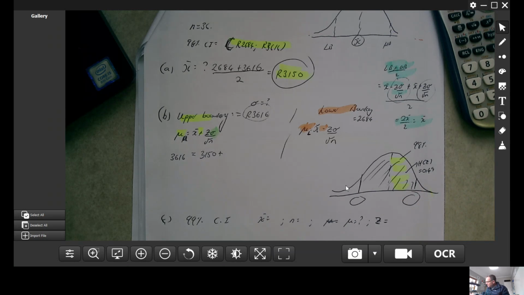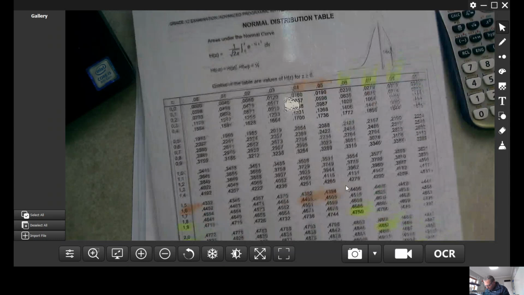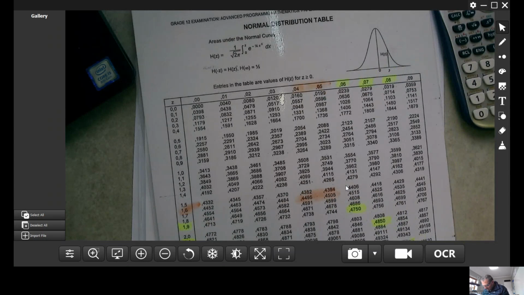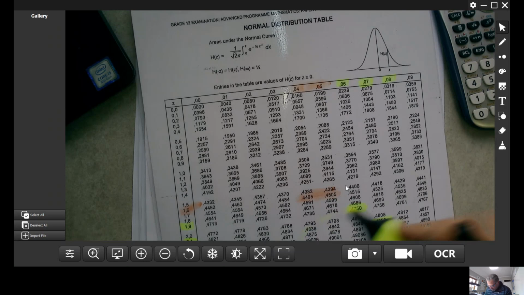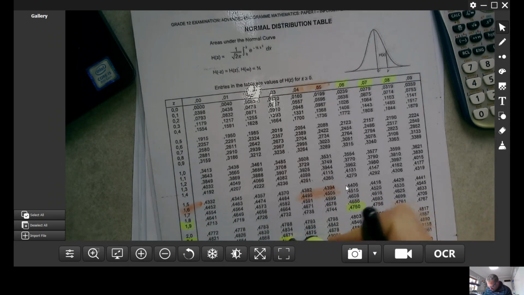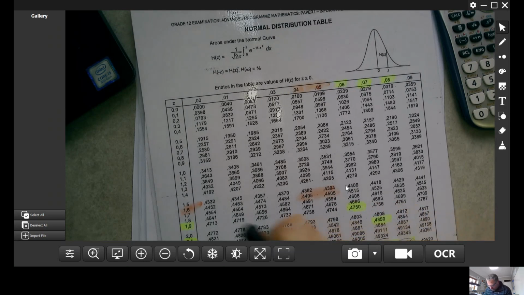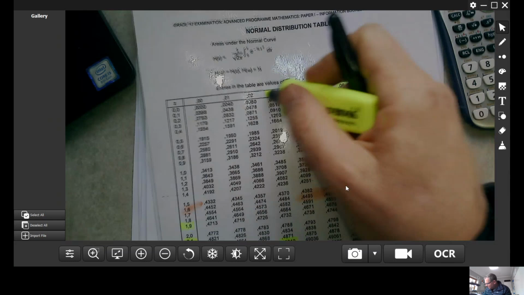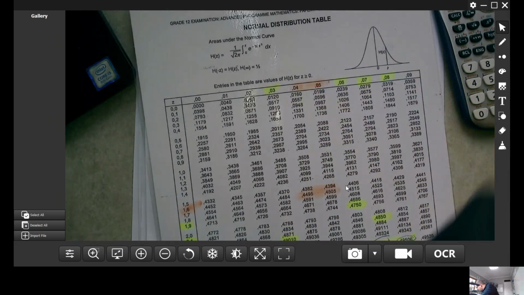So you're going to go to your table and look up 0.49. And 0.49 is pretty much here, which is 2.33. I would use 2.33.